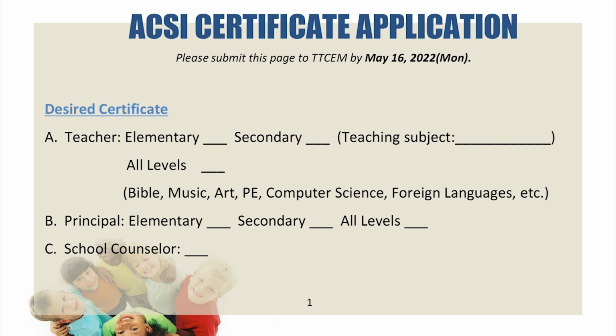And if your major in your undergrad education is English or math or science, then you could apply for the secondary teacher certificate. And then you could mark beside the secondary section, and then write down your major in your graduate education.